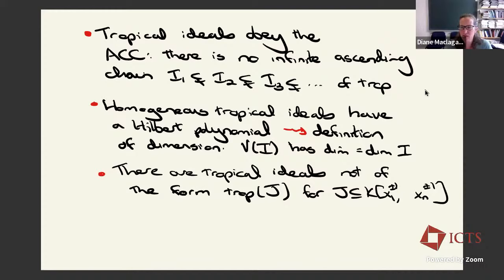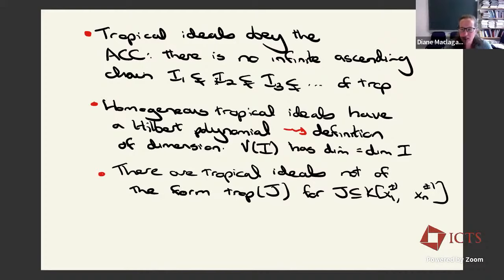So this is not a contradiction though, right? Even though these two different versions of Noetherianness are very, very similar. Because what we're saying is there are infinite ascending chains of ideals. It's just that in any such infinite ascending chain, only finitely many of the ideals can possibly satisfy this tropical ideal condition.